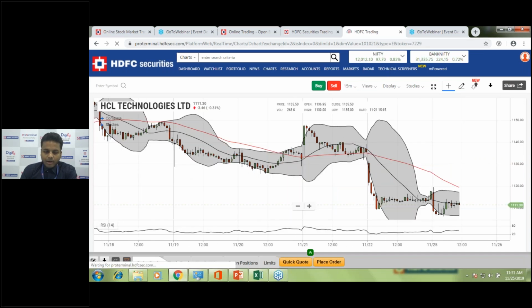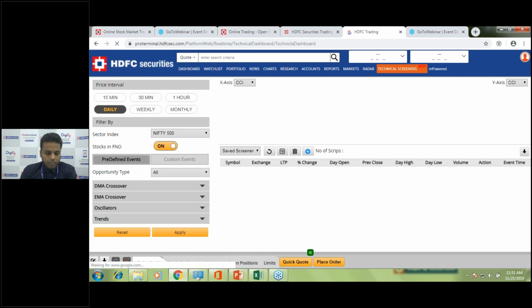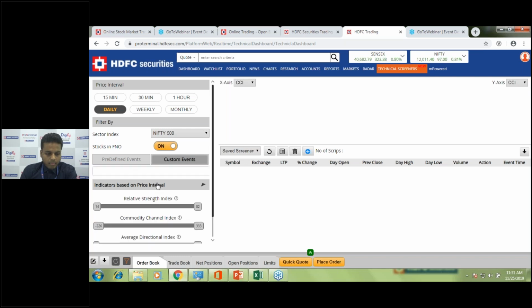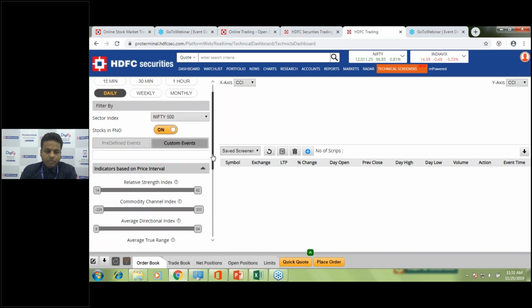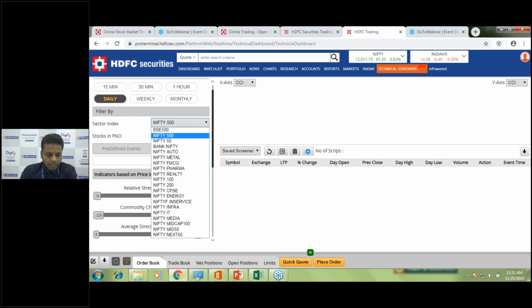Now coming back again to the technical analysis, technical screener. This time we will go with the daily time frame, and the sector index we will change from Nifty 50 to, let's suppose, Nifty Auto.